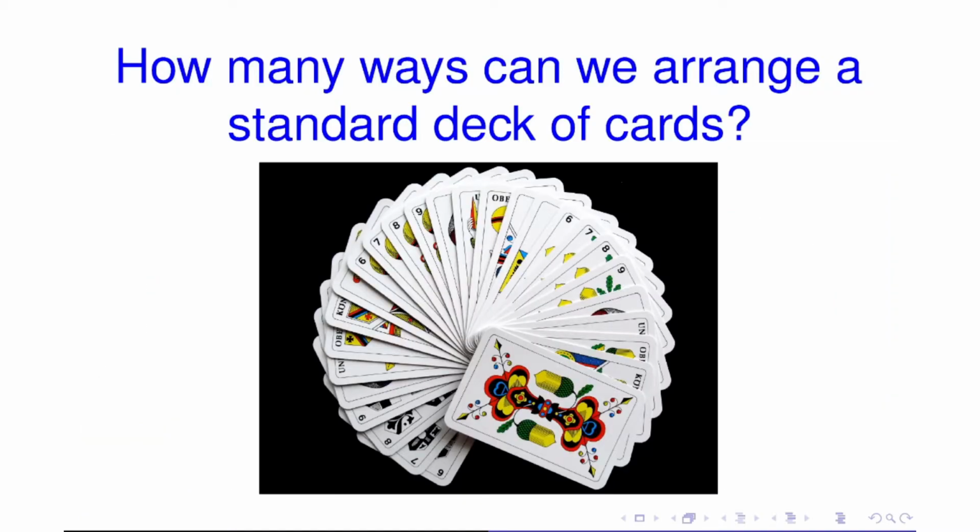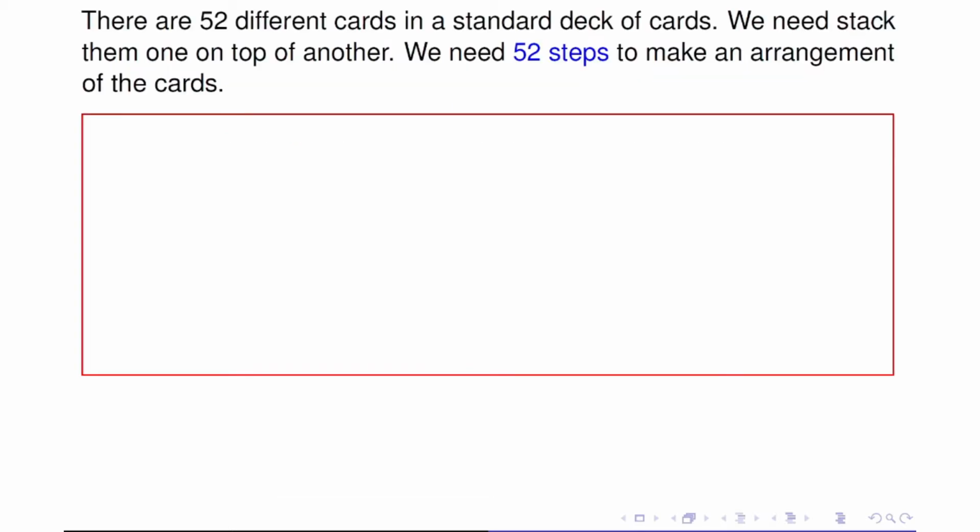Now, let's try to solve this problem. How many ways can we arrange a standard deck of cards using the multiplication rule? We can think about this problem as an experiment. We need to stack all these 52 different cards, one on top of another.